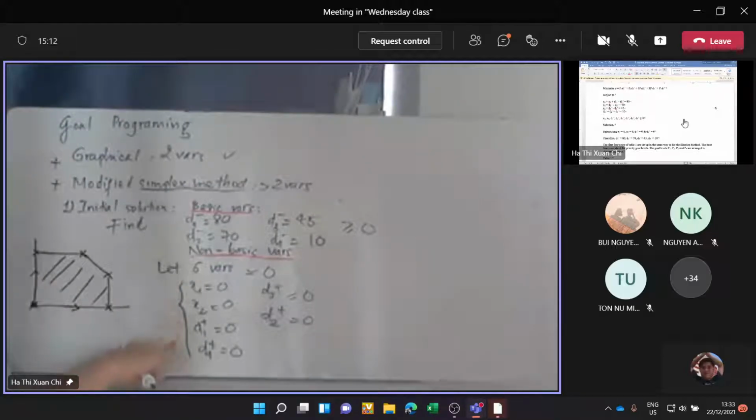If you select a different variable here, you may start from somewhere else.